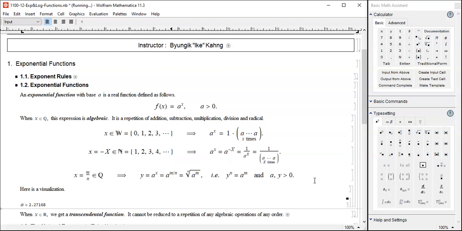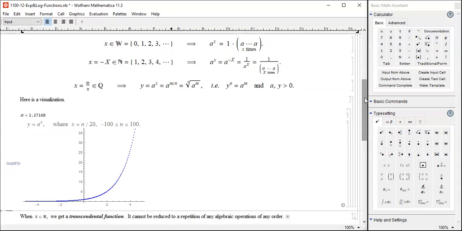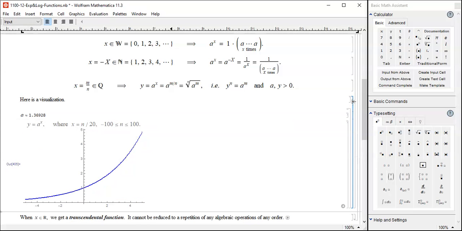And here's a visualization. This program is randomized, so you can run it again, and you're going to get a different base. Still different base, still different base. Okay, let's stick to one. Okay, we have this base. a is 1.369 something.